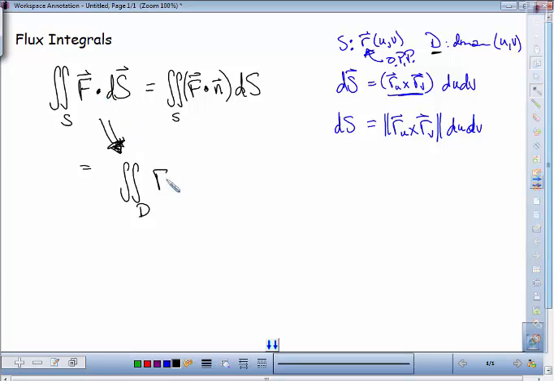You take the f, evaluated with x, y, and z, and replace them with the x, the y, and the z that came from your parameterization r.